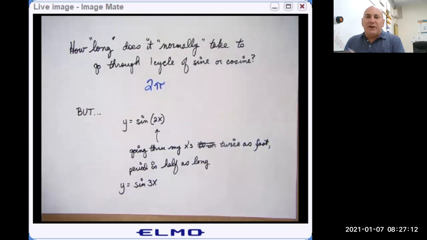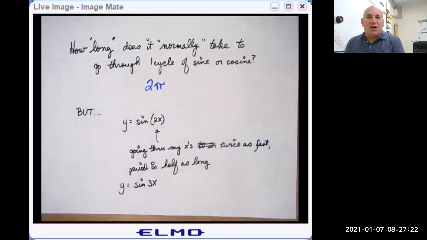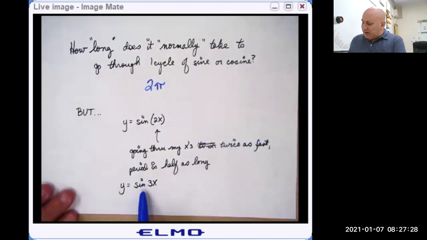If I drive from my house to Reno at a normal speed, it takes 2 hours. If I double my speed, it'll only take half as long to accomplish the entire mission of going to Reno. So if it's y equals sine of 3x, I'm going through my x's 3 times as fast, so the period will only be 1/3 as long.